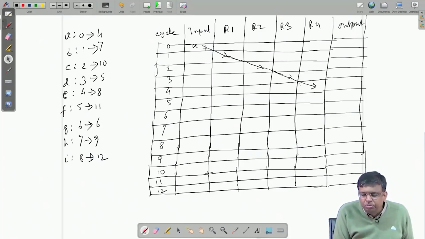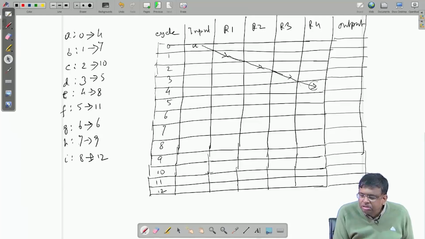So, this is the beginning. A is given to the input of R1 because the line is hitting here. R1 stores it in cycle 1 and gives it at its output at cycle 1. Then R1 output is fed to R2 input, and R2 stores it and gives it at its output at cycle 2. Then R3 takes it at its input and gives it at its output at cycle 3. Then R4 takes it and gives it at its output at cycle 4, and then it is over.